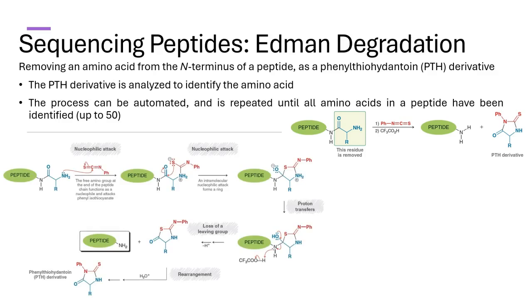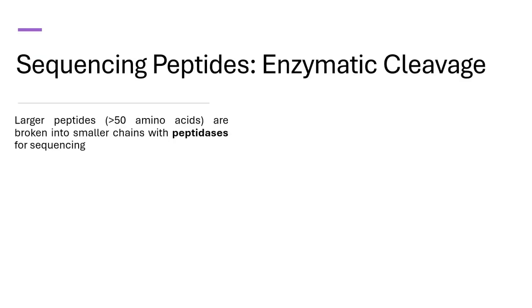Sequencing peptides. Enzymatic cleavage. Larger peptides, those that are longer than 50 amino acids, are broken down into smaller chains with peptidases for sequencing. A given peptidase will selectively hydrolyze specific peptide bonds. Trypsin cleaves a peptide bond on the C-terminus of arginine and lysine.